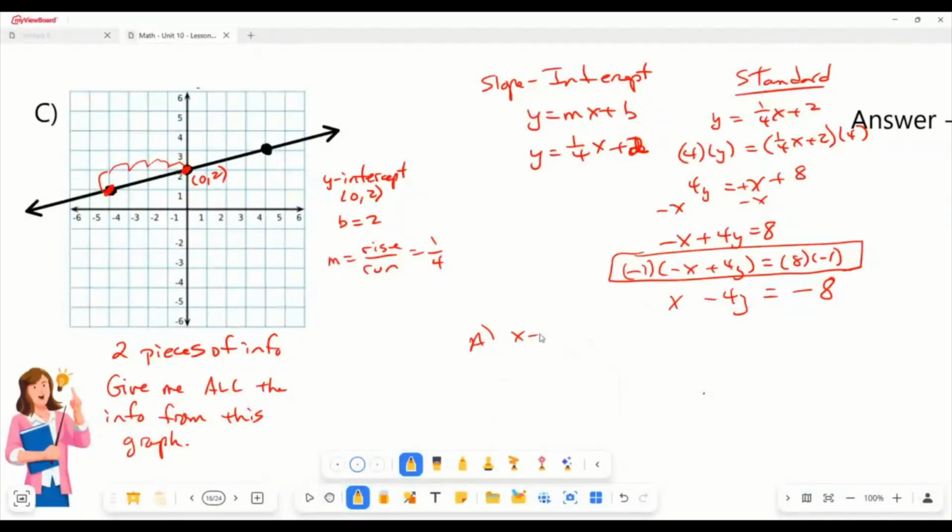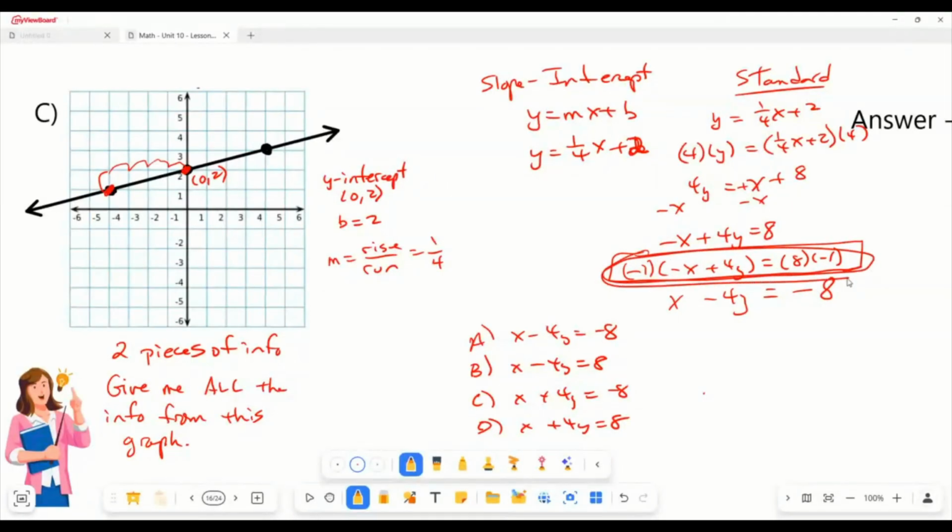The answer choices would be x minus 4y equals negative 8, x minus 4y equals 8, x plus 4y equals negative 8, x plus 4y equals positive 8. So you have to be careful of the negatives. And if you are not writing the steps down, you are going to miss it every time.